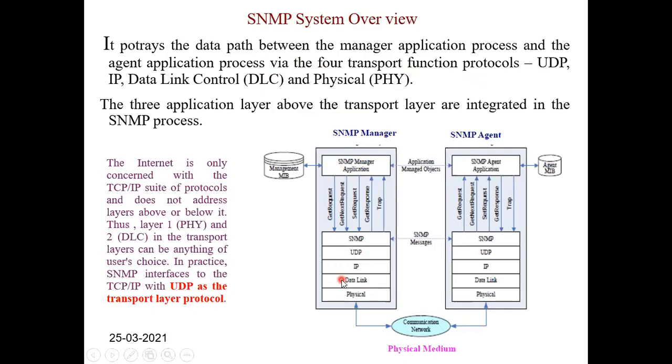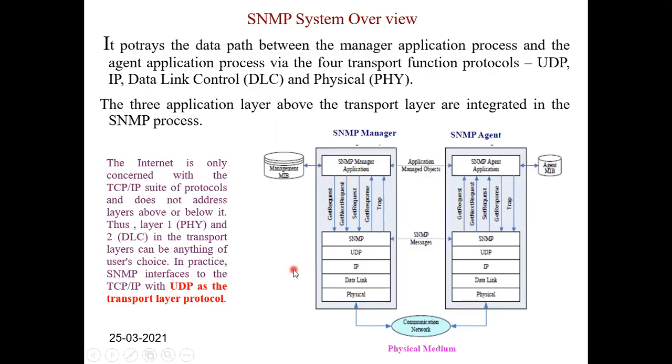These are the 4 transport protocols that I am using for the communication between a manager application and the agent application. The physical layer is separate, and we are not bothered about that physical layer.